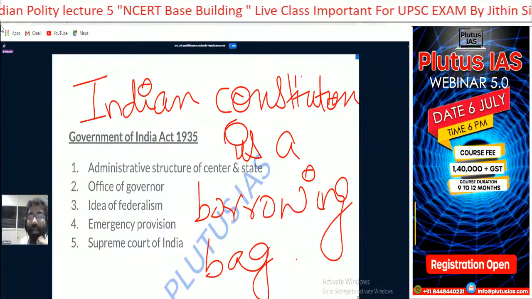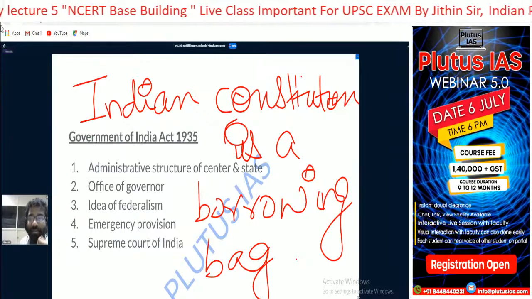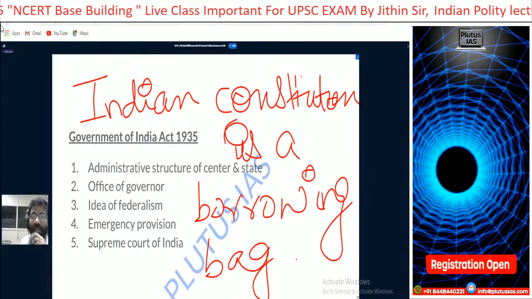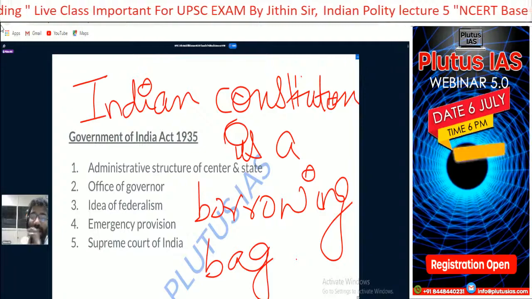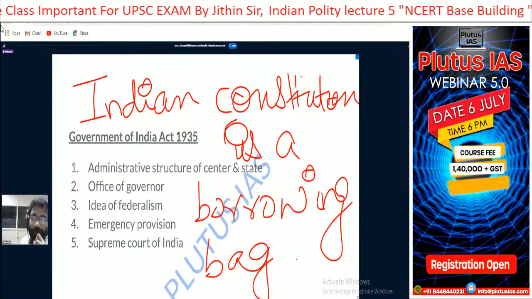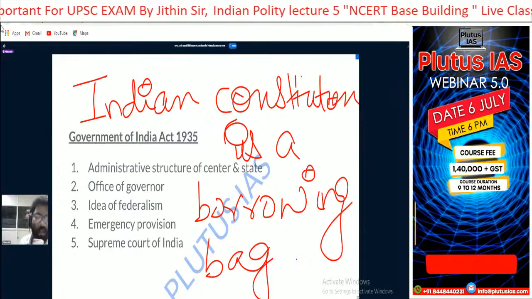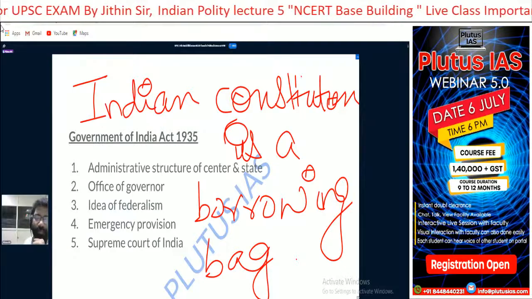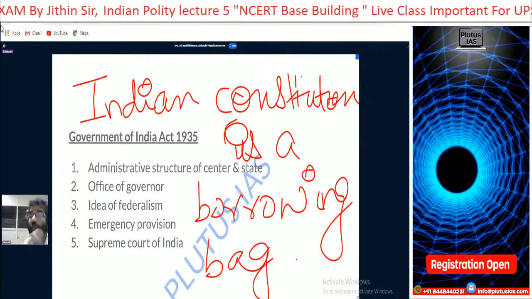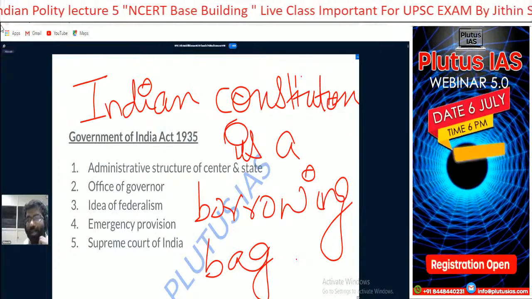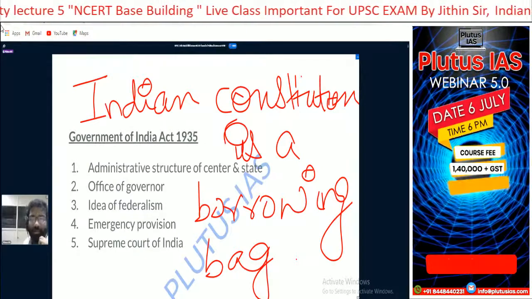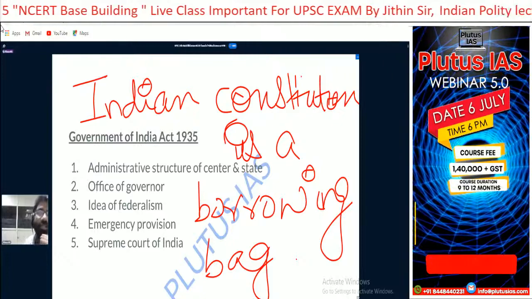And this patchwork of the Indian constitution is a beautiful patchwork, like pearls on the string.